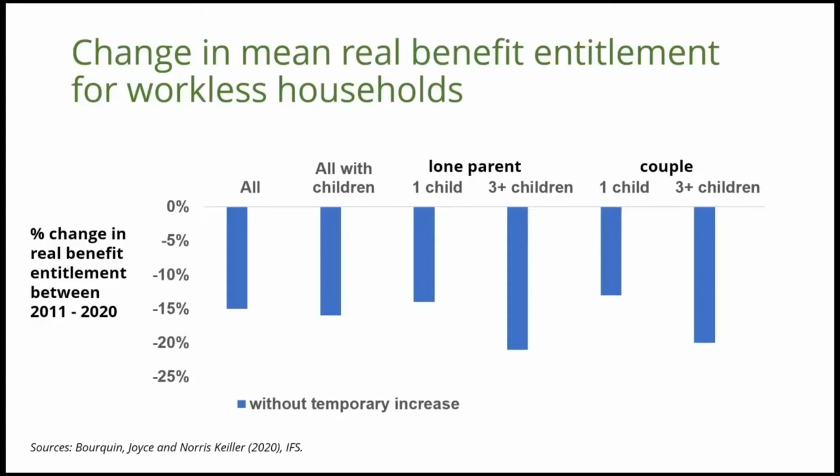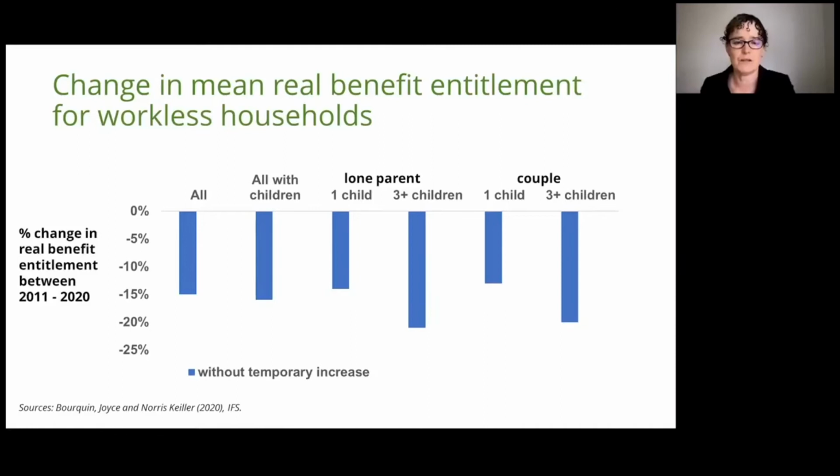However, if we look at what was happening to the state provision of benefits for out-of-work households before the pandemic, there have been very large cuts in these, and the generosity has reduced substantially over the last decade. So what this figure shows is the percentage change in real benefit entitlement for workless households between 2011 and 2020, before any temporary measures that were introduced by the government as a result of the pandemic.